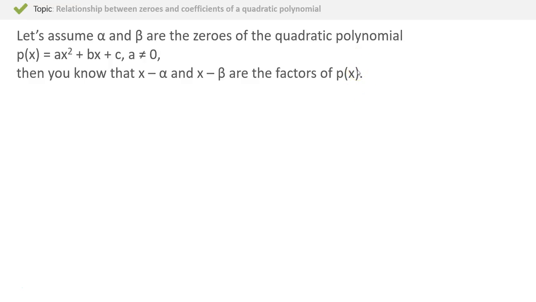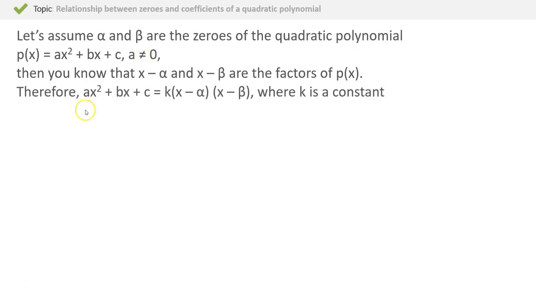Right? So they are going to be factors of that polynomial. And hence, we can represent ax square plus bx plus c equal to (x minus alpha) multiplied by (x minus beta) and then multiplied by a constant number k, where k is constant.